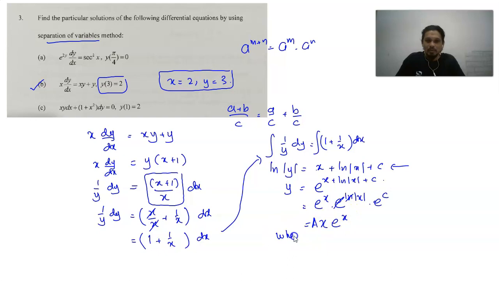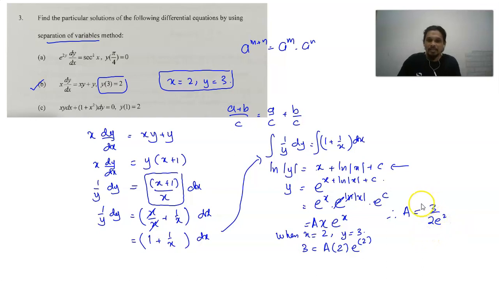So when x equal to 2, y equal to 3, we have 3 equal to a times 2 times e squared. We'd like to find out the value of a here, where a equal to 3 divided by 2e squared.